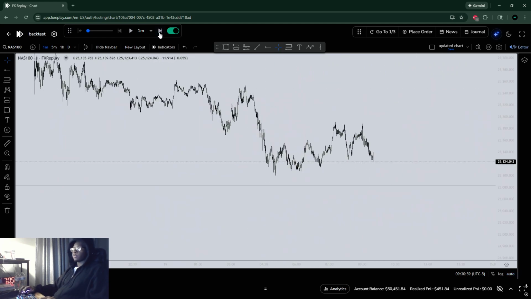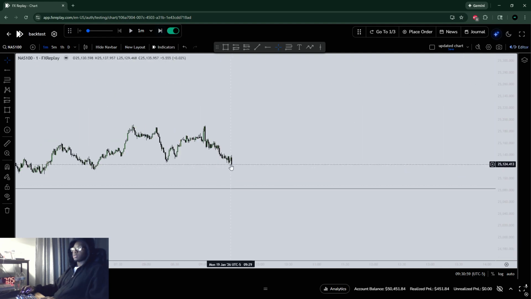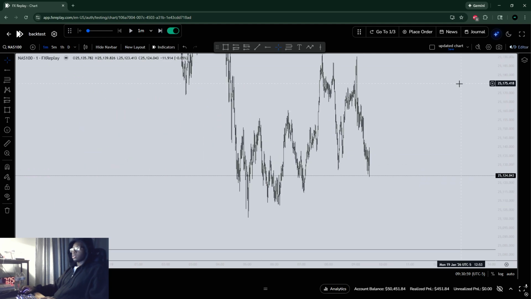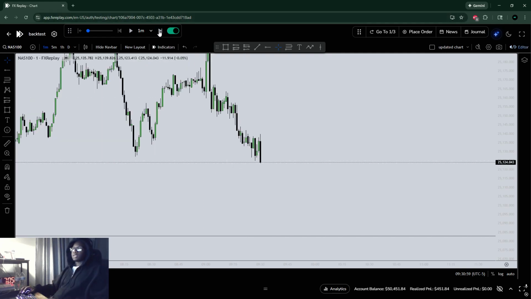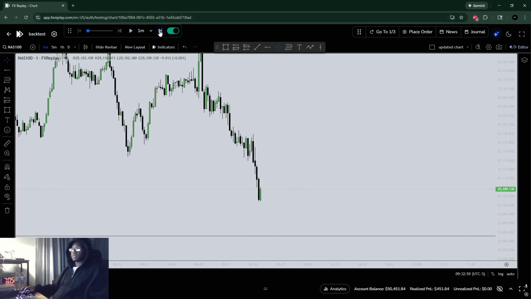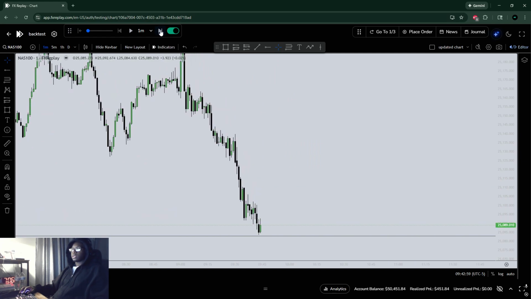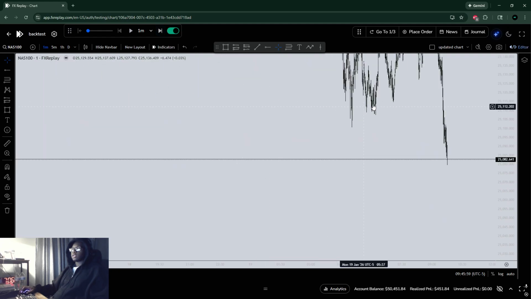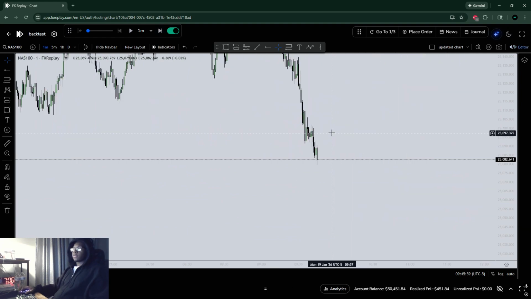So market open, boom. What happened? Okay, so now watch the manipulation there. Let's see what happens. I'm probably going to go and take that low. Okay, so it takes the low like I wanted it to. And let's see if we get a reversal or we continue lower.